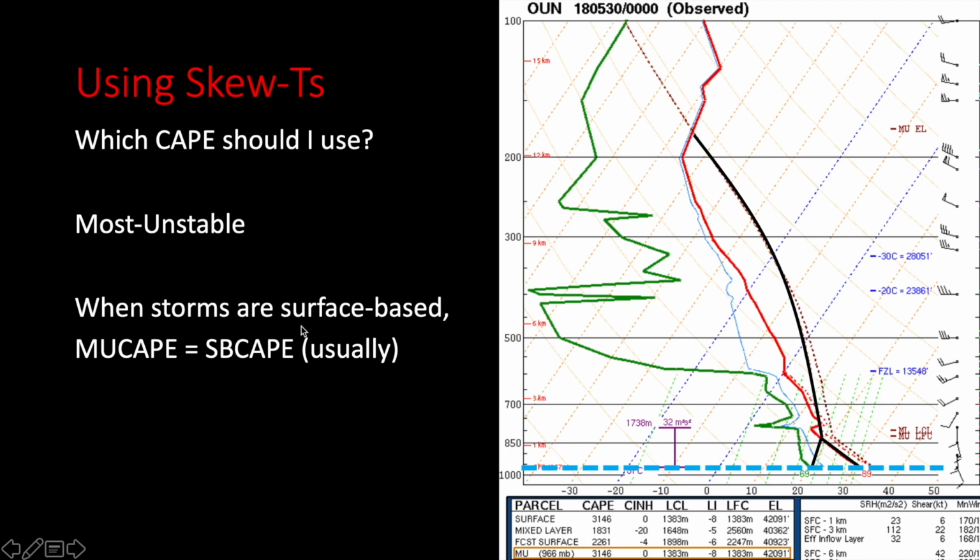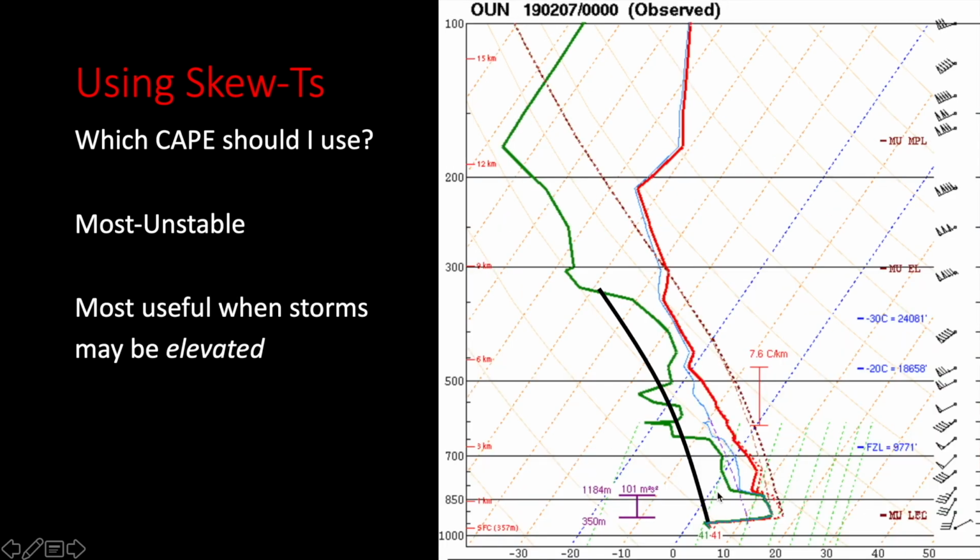In most scenarios while you're out there, most unstable CAPE will approximately equal your surface-based CAPE, because usually your surface-based parcel is the warmest and the most unstable. However, when you do have elevated environments like this one here, when we have a really strong inversion, we're not going to find any CAPE using our surface-based parcel here.